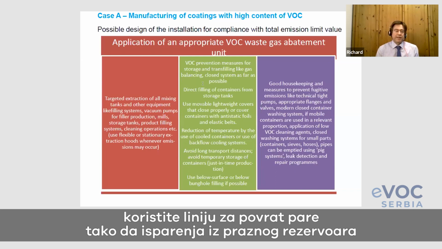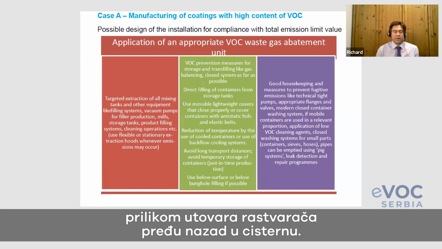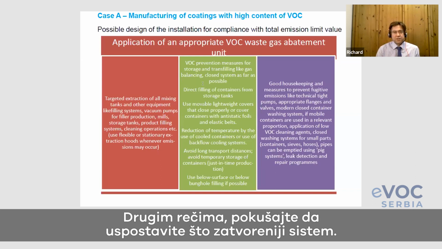So the displaced waste gases during the loading of the container are taken back to that container where that unloading takes place. Try, in other words, to establish a closed system as far as is possible.